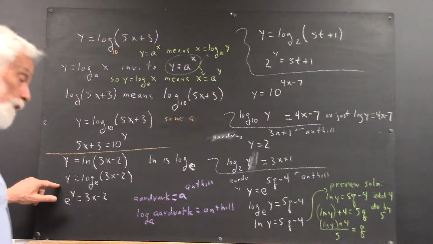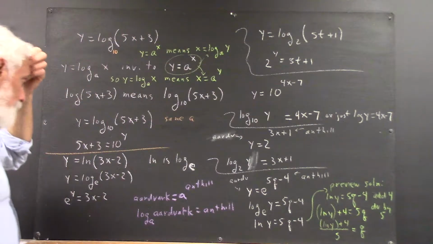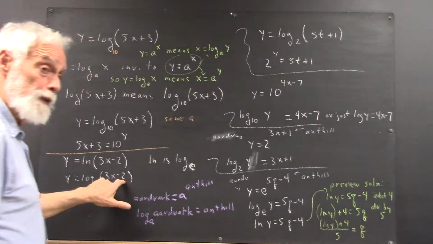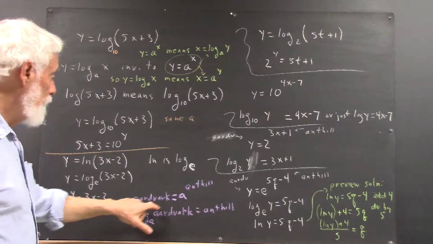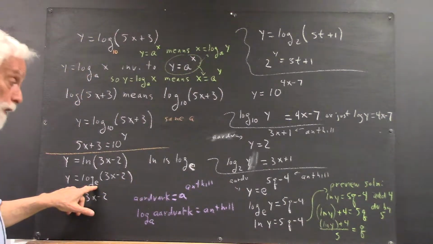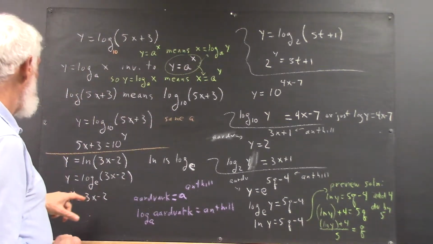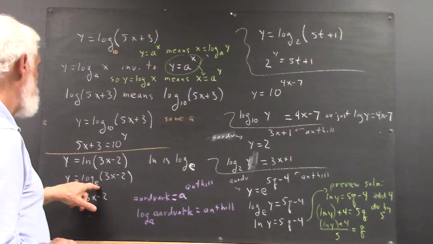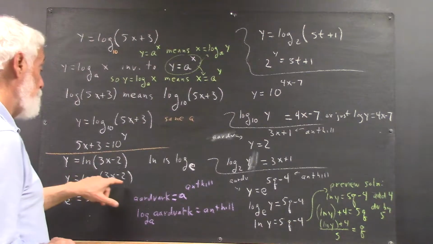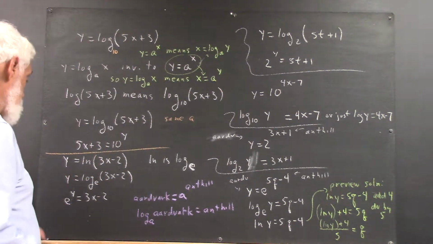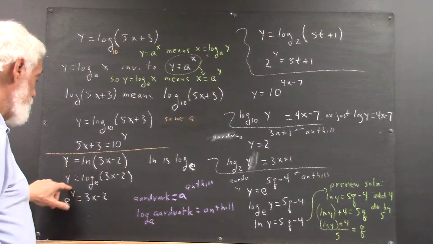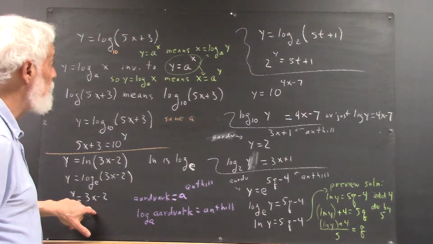The anthill is what it's equal to. So you get aardvark, which would be in this case the 3x minus 2, equals a, which in this case is e, raised to the anthill, okay? Or this raised to this equals this, okay? E raised to y equals 3x minus 2.